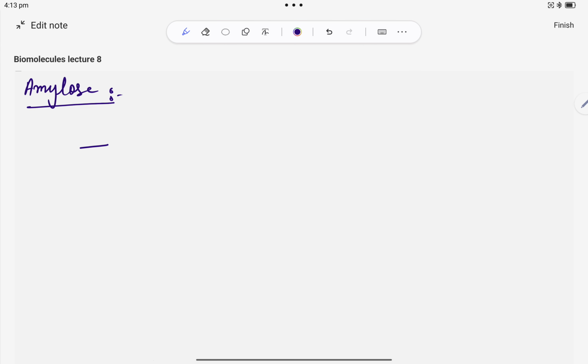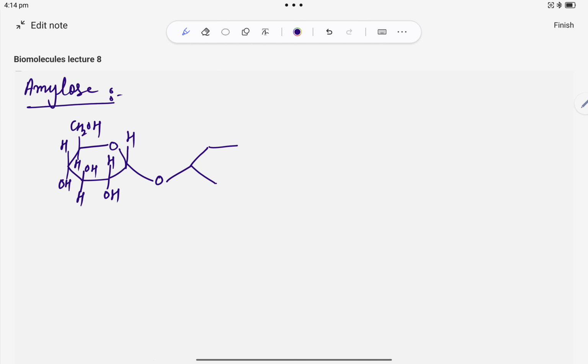So see, alpha D glucose, OH, here OH, H, OH, H, H. So another unit is connected with this by glycosidic linkage.